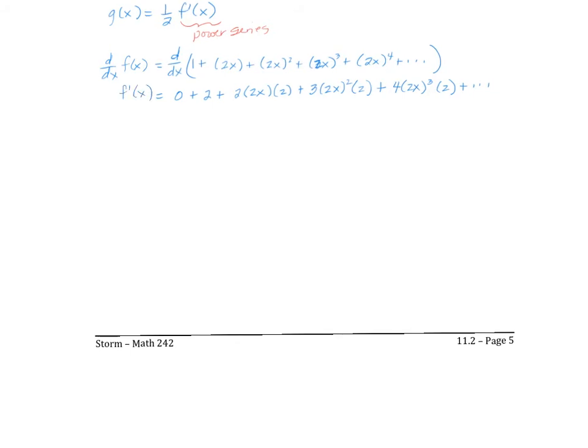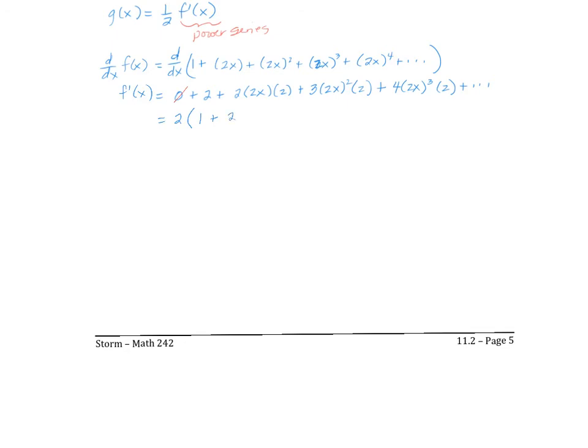Now I just have to figure out what the pattern is so I can write my series. What I do notice is that the first term 0 cancels. I also notice that every term has a 2 in it. So what I'm going to do is factor out the 2 and see what's left over. It looks like it's 1 plus 2.